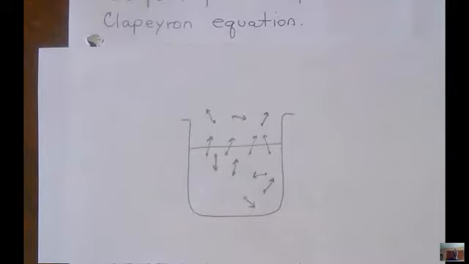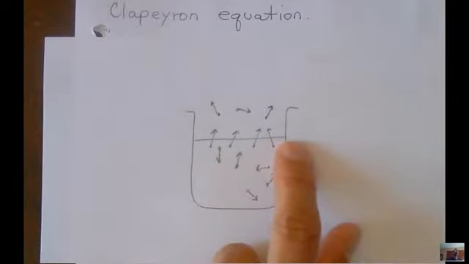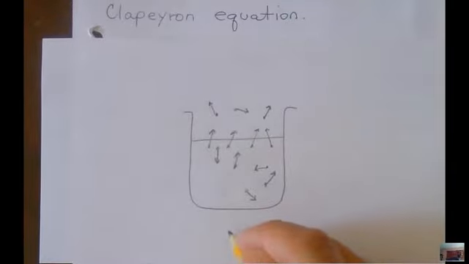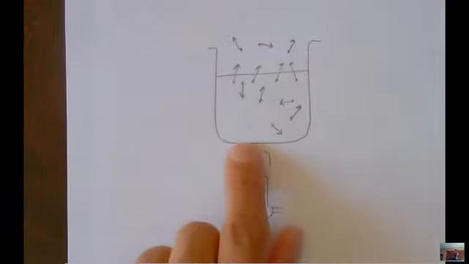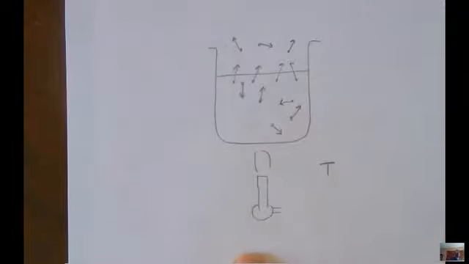So the Clausius-Clapeyron equation describes what happens to the rate of evaporation as a function of temperature. When you heat this with a Bunsen burner, the temperature of the liquid is going to go up, and the kinetic energy of the molecules is going to go up. And we specifically want to talk about the Kelvin temperature.